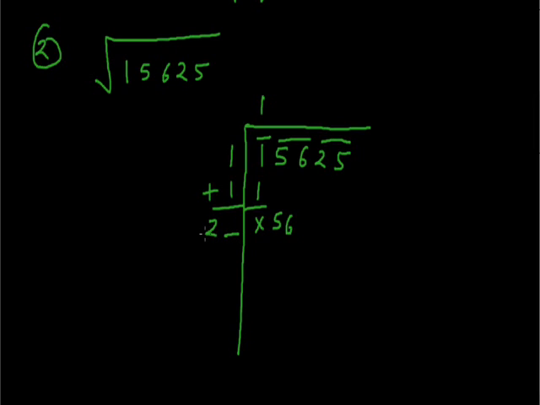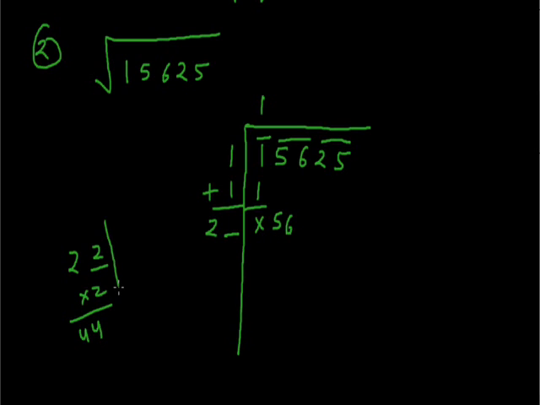Now in this blank I have to write a number. Let's say if I put here 2, I have to multiply it by 2 only, because I am writing 2. So 2 into 22, I get 44, which is less than 56.